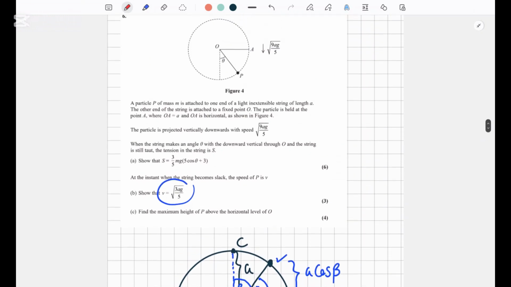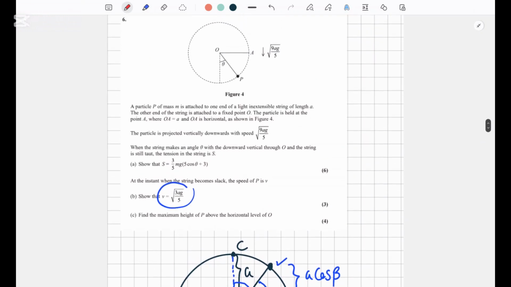What you've got to do is, now you see in the question, initially the particle was moving clockwise, right? But then in the second part, they say at the instant when the string becomes slack, the speed of P is V. So this is a weird type of question. Let's assume it's turning the other way.